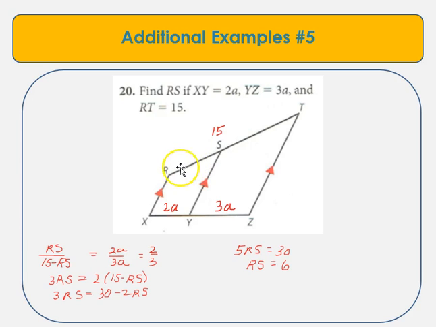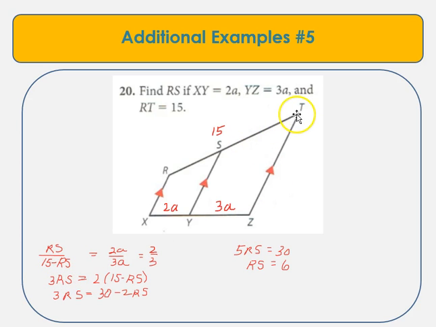So let me say that again. ST equals 15 minus RS. And that's what we can put in the denominator of our proportion here, our fraction. So you could write it as RS over ST, but ST is actually 15 minus RS.